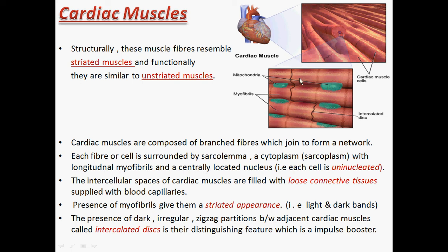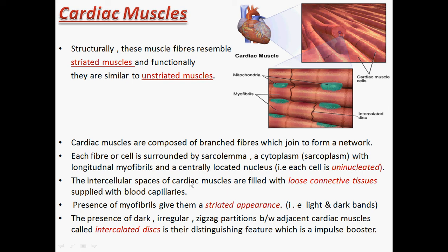There are long, thin, tube-like lines on this muscular fiber that are named myofibrils, and a centrally located nucleus. Each cell is uninucleated, and each muscle fiber contains a single nucleus. That is why they are named uninucleated.